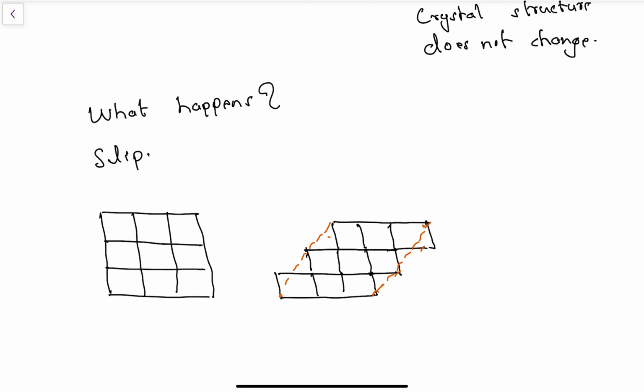The planes along which the slip takes place are called slip planes. These are the slip planes, and the directions in which slip takes place are called slip directions.